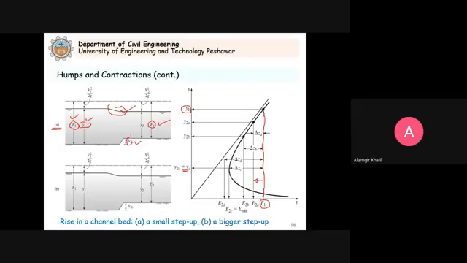By how much? By this delta ZA. So with this delta ZA, we go to the left, and we have this E2A for case A. We come here, and now you see that this is the depth Y2A, which is still subcritical.